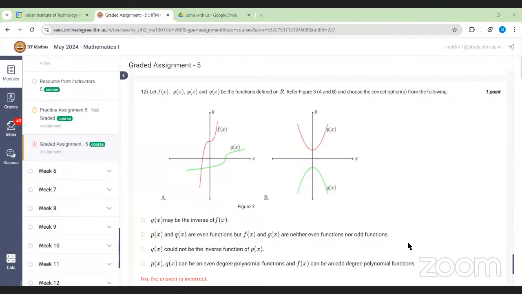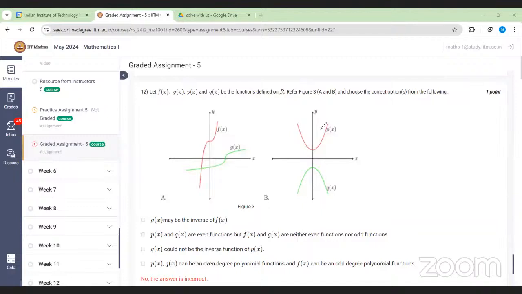Is this the question, ma'am? f of x is equal to 1 minus x to the power 1 by 2? No, ma'am, there are two graphs given, and one graph is the inverse of the other graph. Okay, I got it. f of x, g of x, p of x, and q of x. This one? Yes, ma'am. This is the question, no?